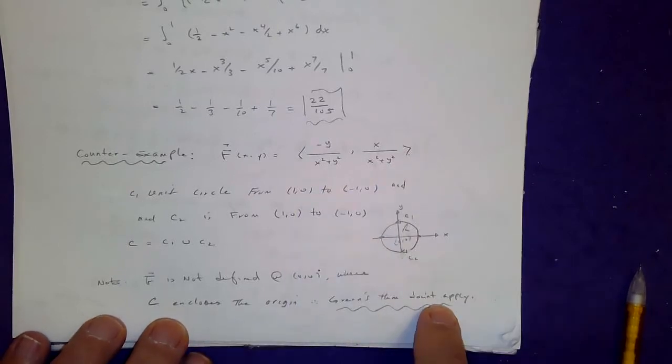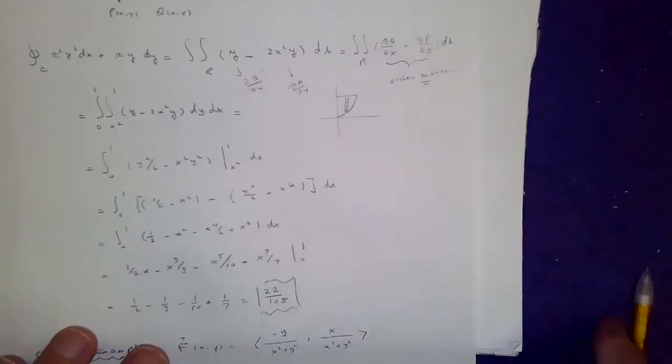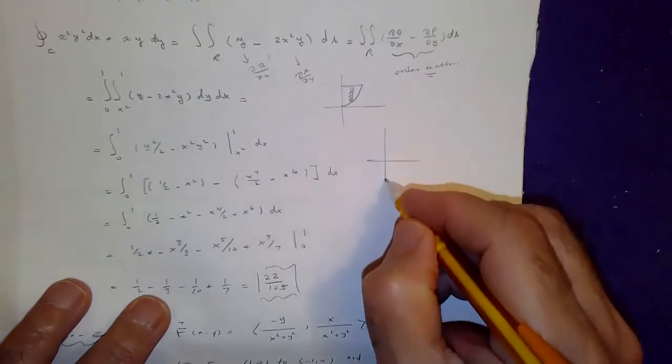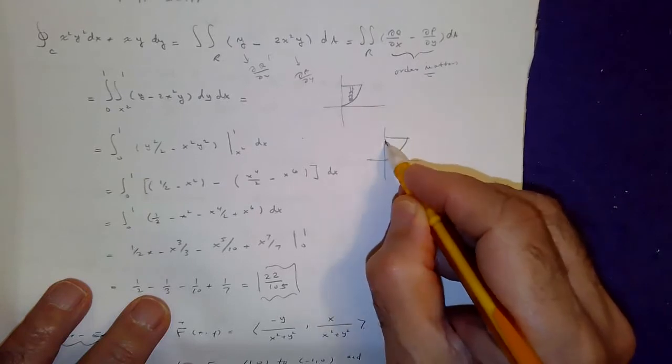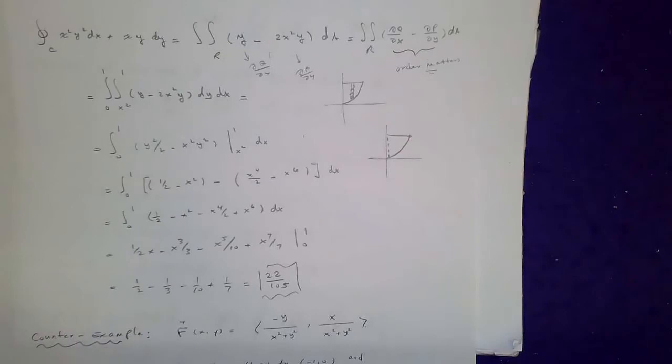Therefore, Green's theorem doesn't apply. The other scenario is, what if the region was open? What if I go like this, but I don't close this up? So now Green's theorem is out the door once again. Do you see it?